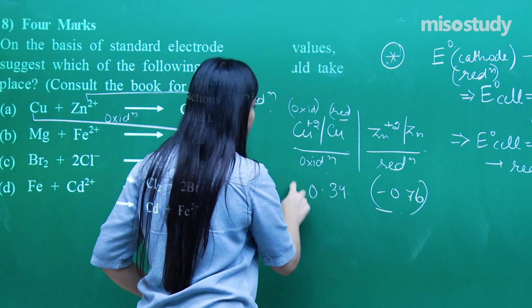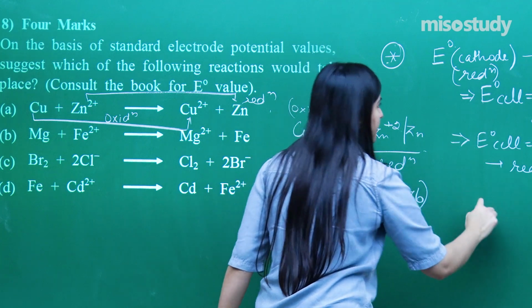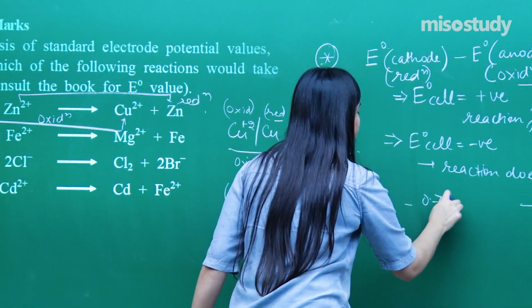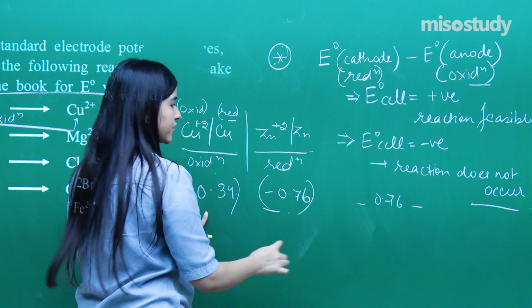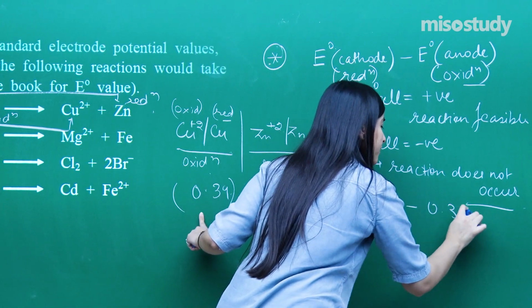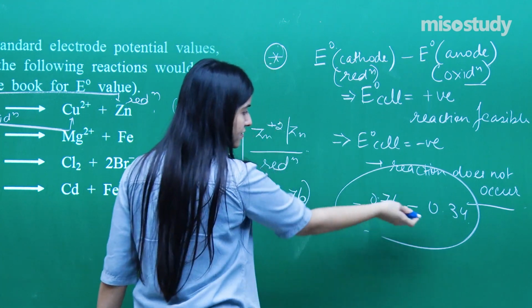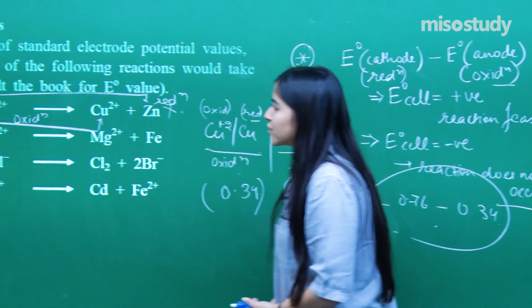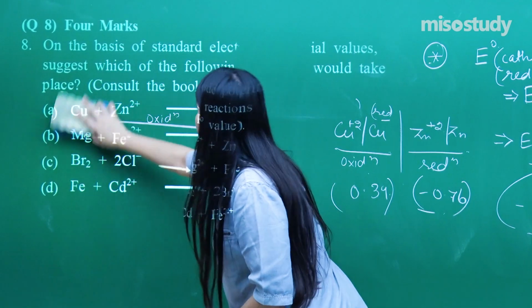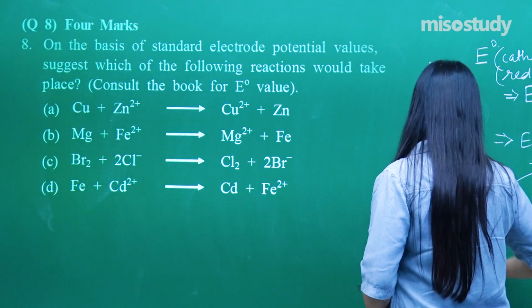Now what I need to do is just put the values over here. It will be minus 0.76 because that is the reduction process and minus of 0.34, right? The overall value will come out to be minus definitely, so it is not feasible. Reaction number 1 is not possible. Okay, got it? Okay, let's move on then.